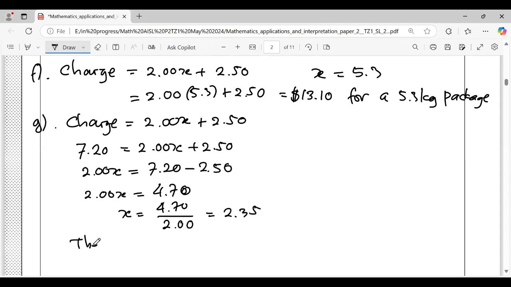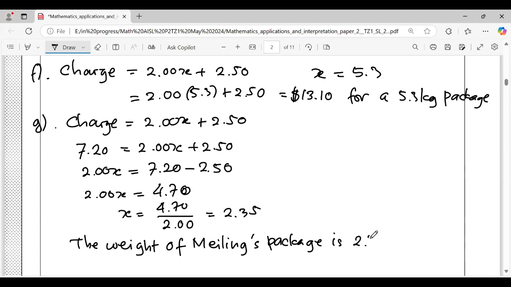So the weight of mailing's package is 2.35 kg.